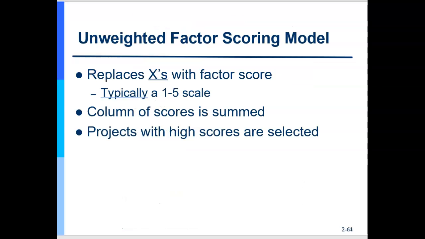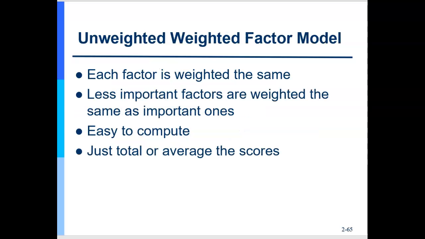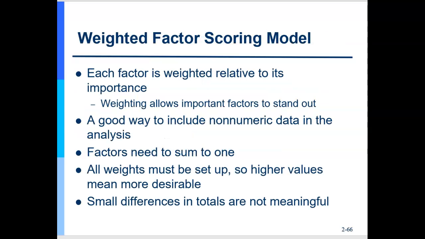So in an unweighted factor scoring model, I can replace those X's on the previous slide with a factor score, typically from 1 to 5, and I can multiply those across and still just add them up. And so each factor is weighted the same. It's easy to compute, yes, and it just totals or averages the scores as you need.